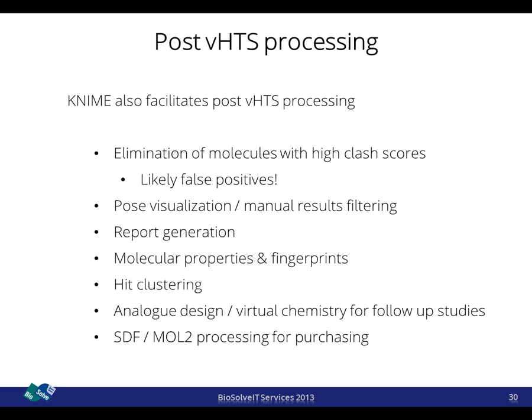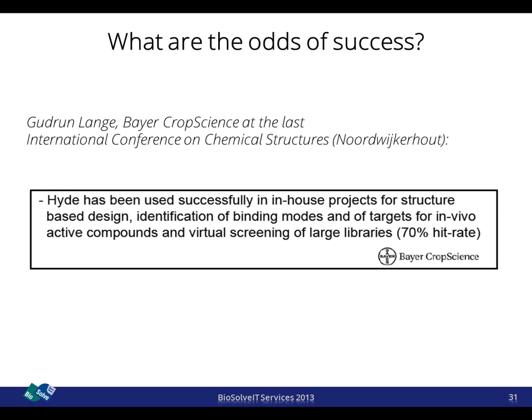You can use KNIME to look at poses. You can use KNIME to generate reports. You can generate hit clusters, design analogs, virtual chemistry for follow-up studies, and then use KNIME to spit out an SDF or MOL2 file at the end, which can really streamline the purchasing process.